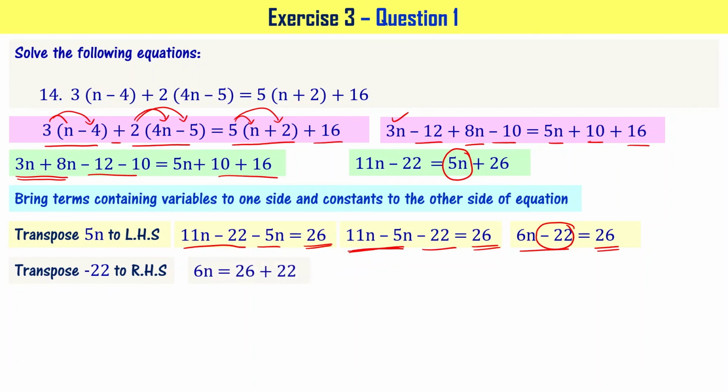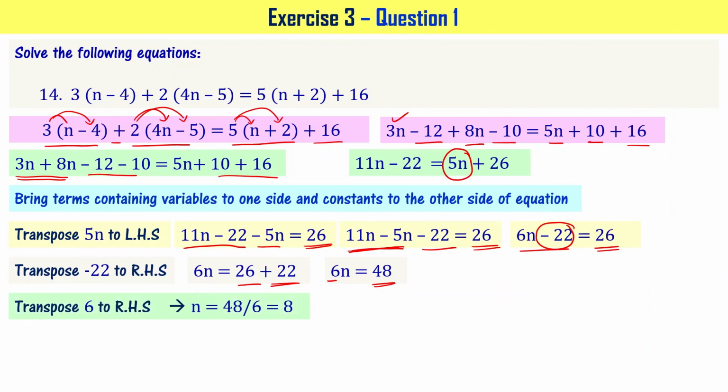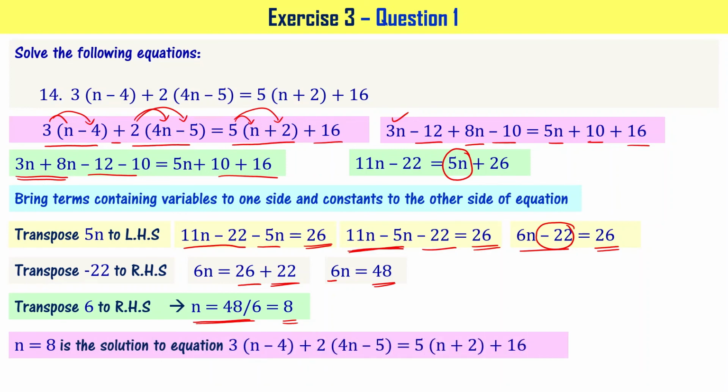It means 6n equal to 26 plus 22. I can write it as 6n equal to 48, right? Now I can transpose number 6 to the other side so that it is going to divide 48, and the equation can be written as n equal to 48 by 6, that is equal to 8. So to answer the question, n equal to 8 is the solution to the given equation, right?